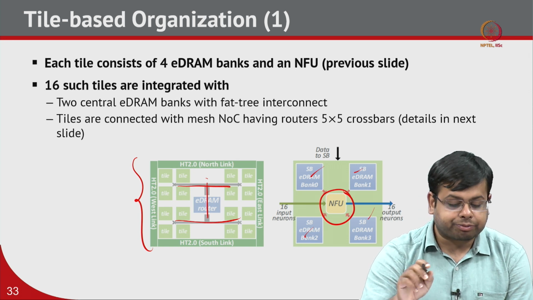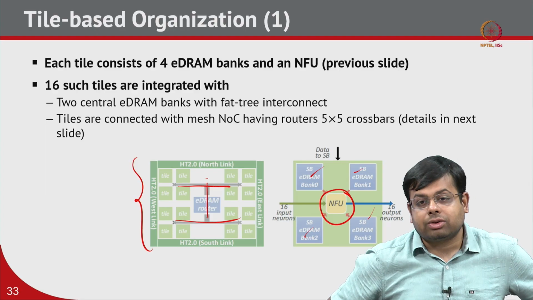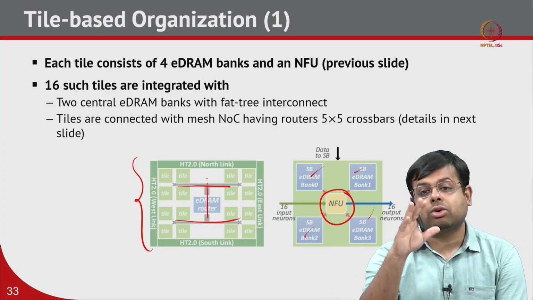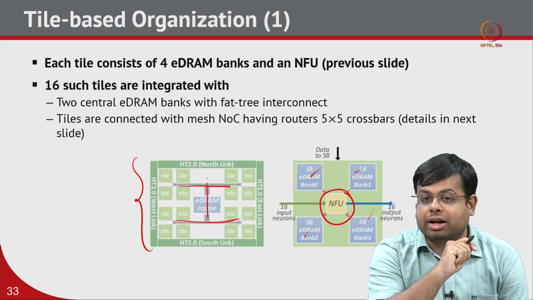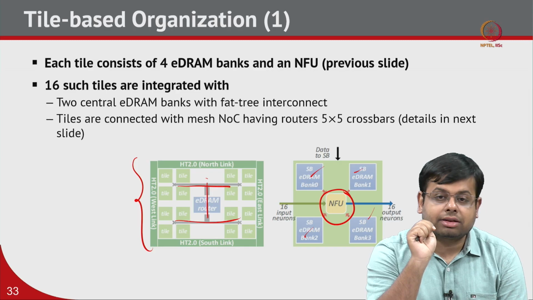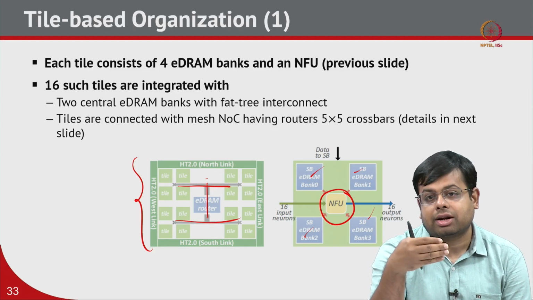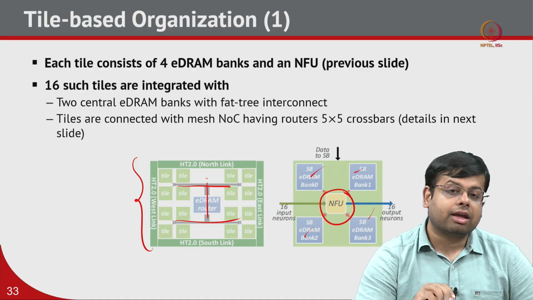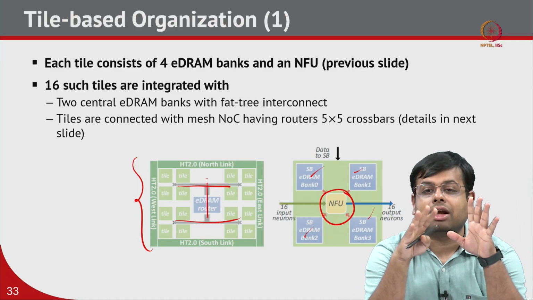Now, as I was saying, in DaDianNao they are going from single core to multi-core. Whenever we have a multi-core architecture, the main hardware component which we need to think about is the interconnect. If we have multiple cores, then we need to actually connect all the cores.